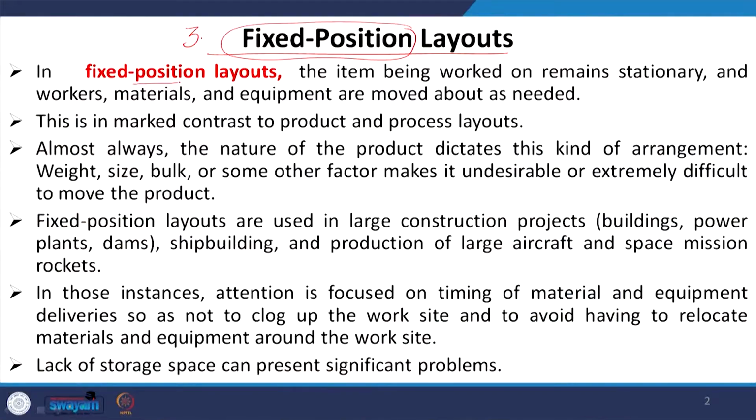So that is the key point with respect to fixed position layout: the item being worked on remains stationary, and the workers, materials, and equipment are moved about as needed.